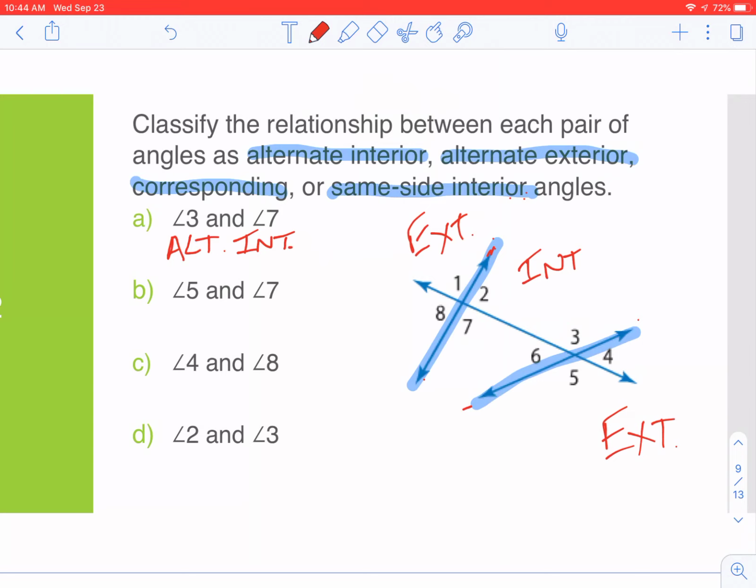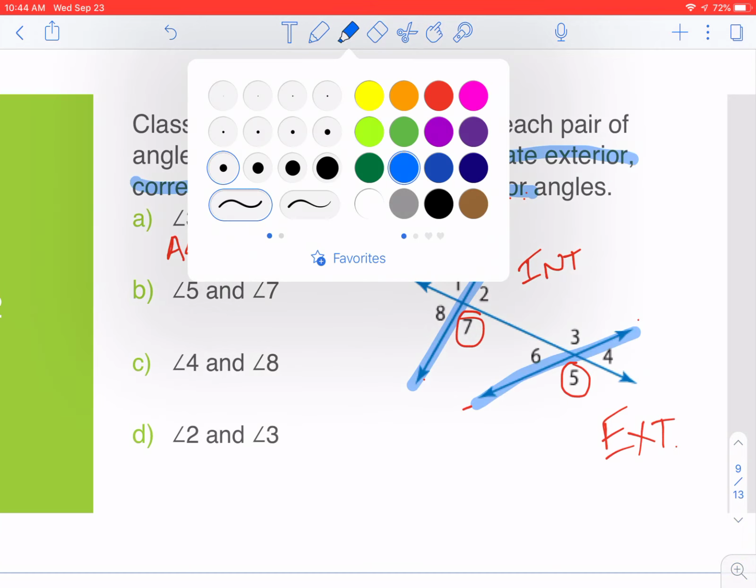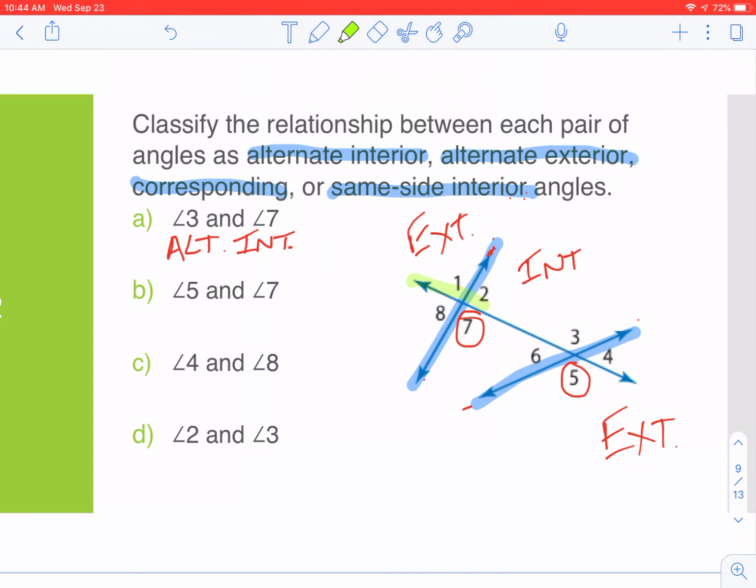All right, circle 5 and 7. Now, here's the only one that's both an interior and an exterior angle. First of all, are they on the same side? The answer is yes, they are on the same side of the transversal. Okay, actually, I need to go back. Those highlighted lines there, those are not transversals. The transversal, I'm going to highlight in a different color. This green line is the transversal.